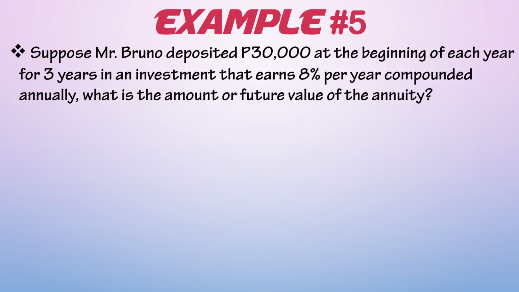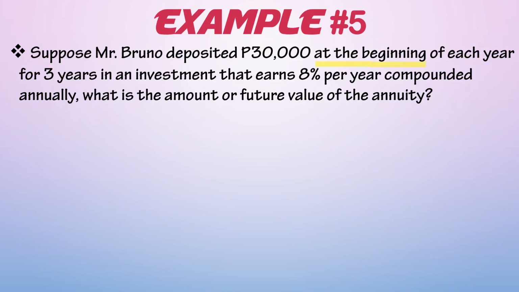Okay, let's have an example. Suppose Mr. Bruno deposited 30,000 pesos at the beginning of each year for 3 years in an investment that earns 8% per year compounded annually. What is the amount or future value of the annuity? So here we have the words payment at the beginning.